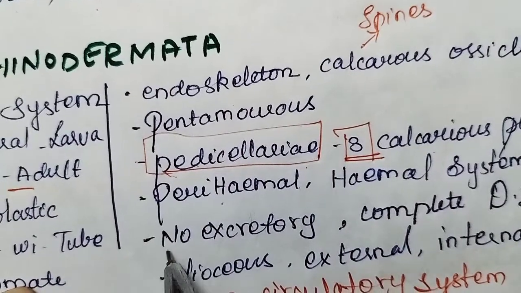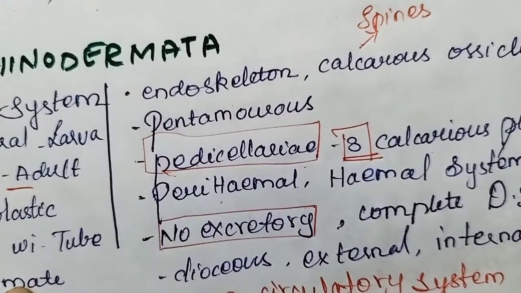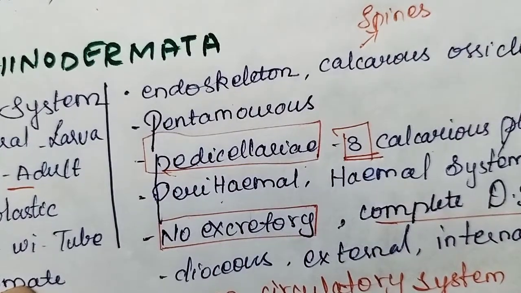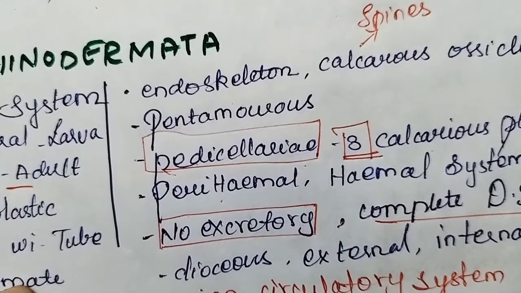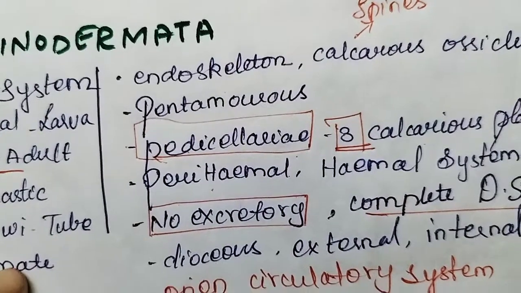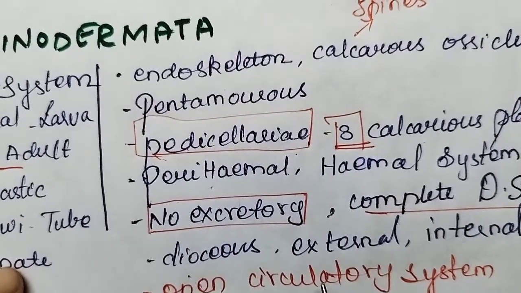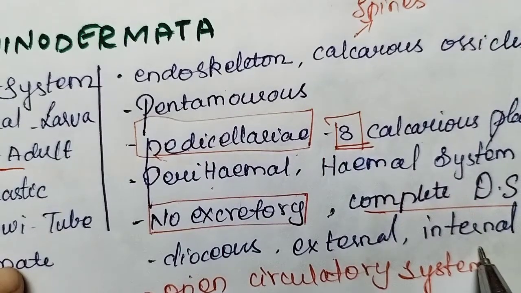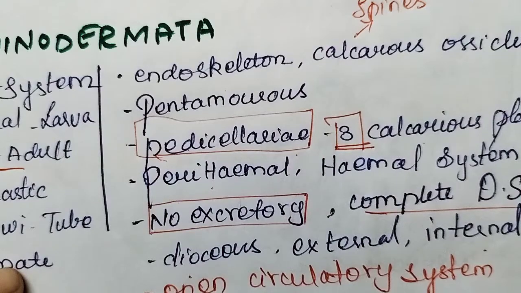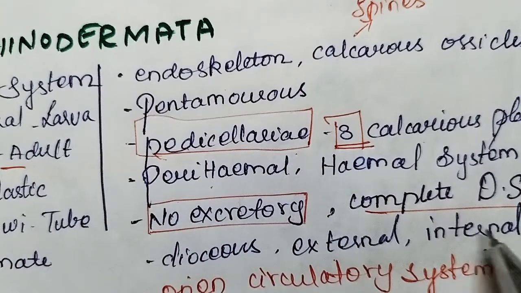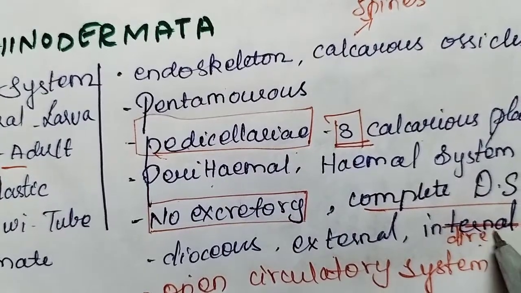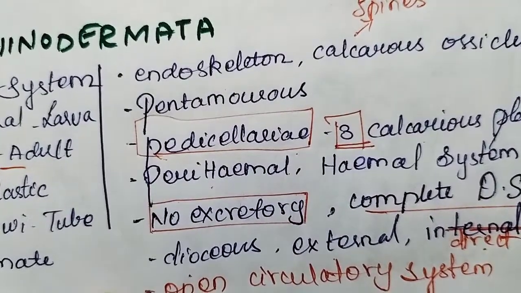Now they don't have an excretory system, but they have a complete digestive system. And reproduction is dioecious. Dioecious means separate individuals have separate sexes. And external fertilization, and indirect development.